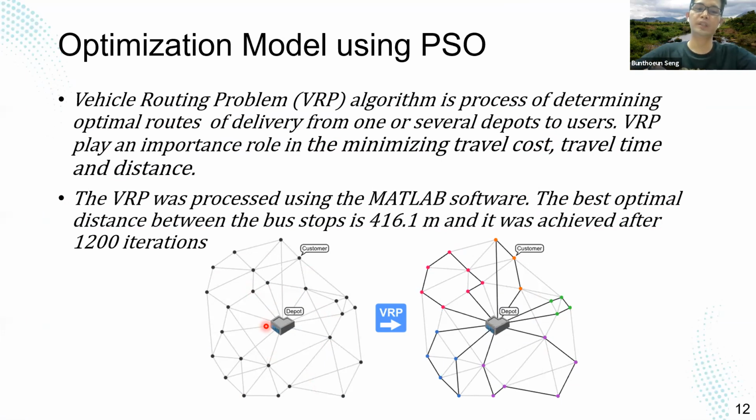So let's say we go one round from AIT, and it goes to, like, let's say, Future Park, and then it will come back to AIT again. So here we consider AIT as the depot where the bus leaves, and then it needs to visit all the bus stops around the roads in Pathum Thani, and then it will come back. You mean only one bus? Yes, this example refers to only one bus line. Okay, I see.